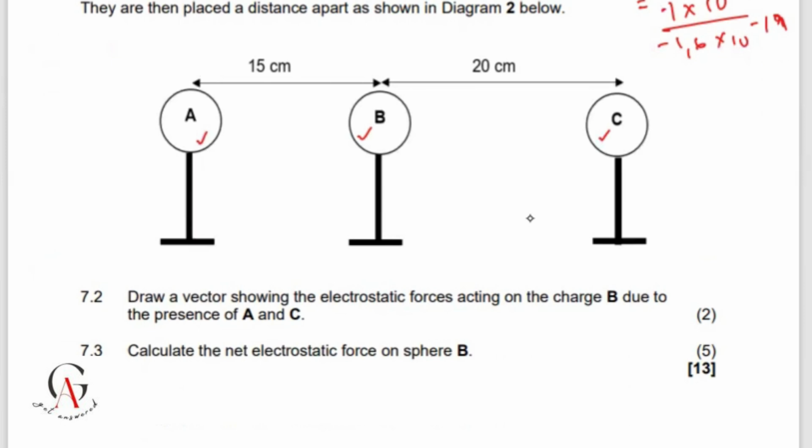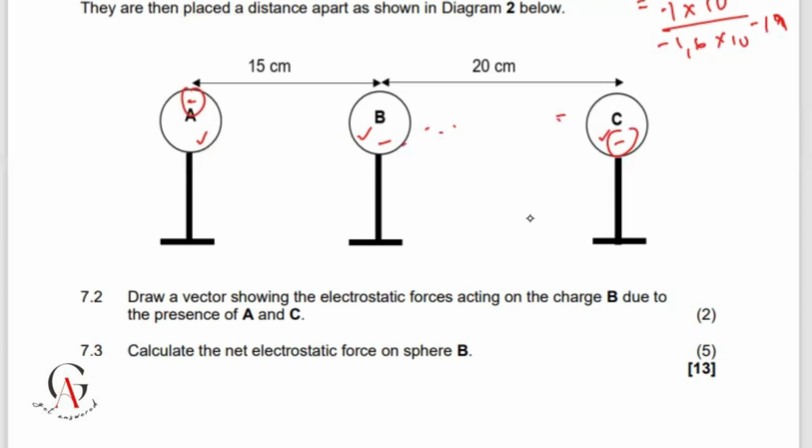Then they want us to draw a vector diagram showing the electrostatic forces that are acting on B due to the presence of A and C. Now remember, this one is negative. This one is also negative. This is also negative. So there's going to be repulsion between these two.